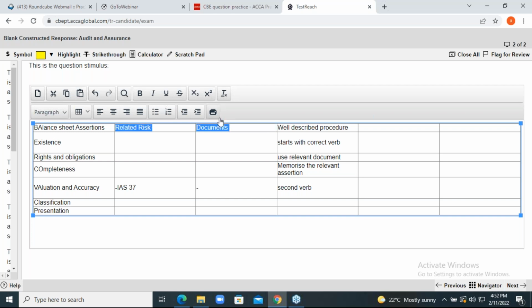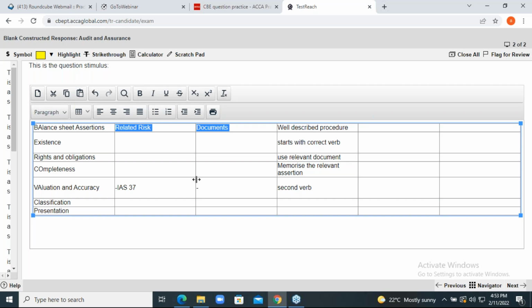So if you have memorized these 3 things, then you would see that in the bank and cash area, more than half of the procedures are related to the bank reconciliation statement. So this is a trick through which you can easily understand the procedures.